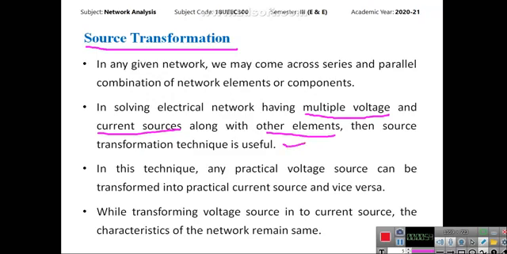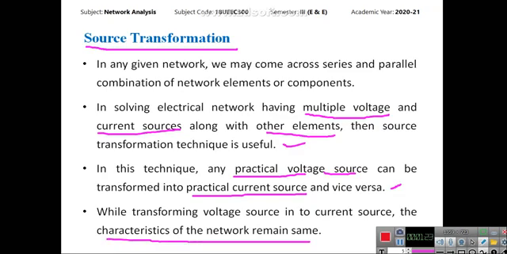So in this technique, any practical voltage source can be transformed into a practical current source and vice versa. While transforming a voltage source into a current source, the characteristics of the network remain the same.